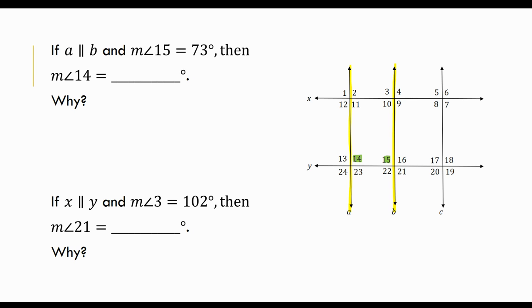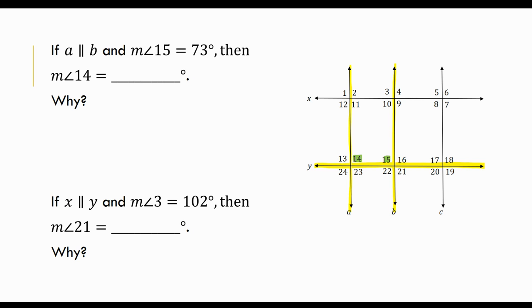So it is going to be important that we understand what transversal is taking place. With 14 and 15, notice that it is this line Y that is helping form both of those angles. So the three lines that I have highlighted, those are the two parallel lines and the transversal cutting it. So notice that 14 and 15, they are both above the transversal.